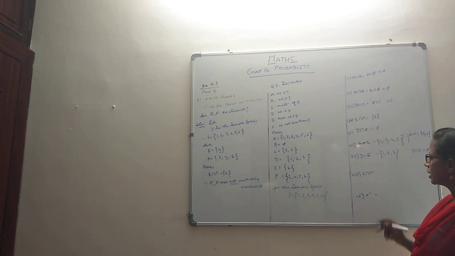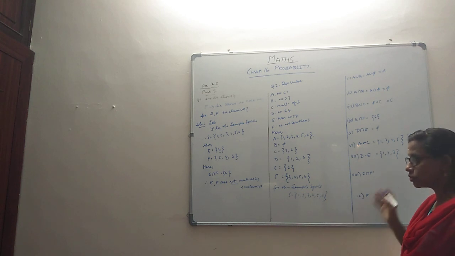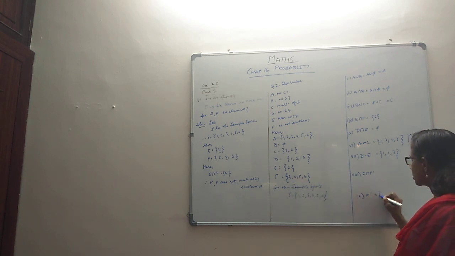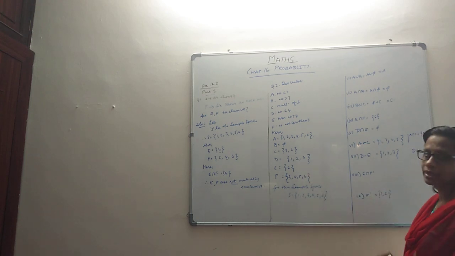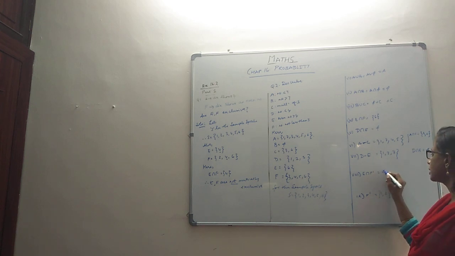So F complement means those elements which are there in S but not in F. F is 3, 4, 5, 6, so F complement is going to be 1 and 2. E intersection F complement, E intersection 1 and 2, nothing at all. Again, that is an empty set.